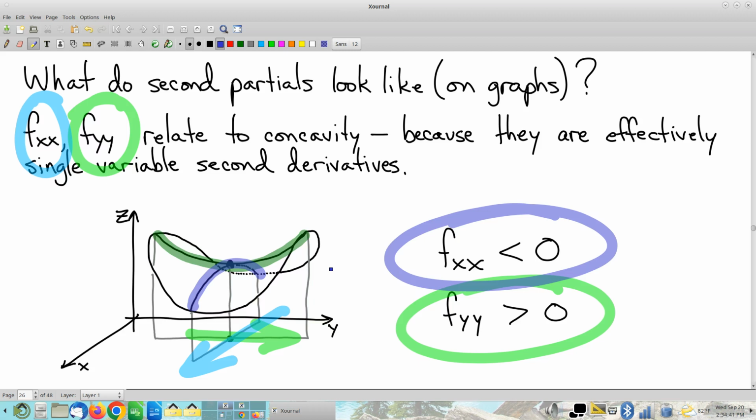Because in one direction, like in the sort of the, I don't know, sort of the peak to peak of the Pringle, right? This is concave up, but sort of going over the pass, as it were, of the Pringle is concave down. There is no single variable version of this. This is a brand new phenomenon that only happens in multivariable calculus.